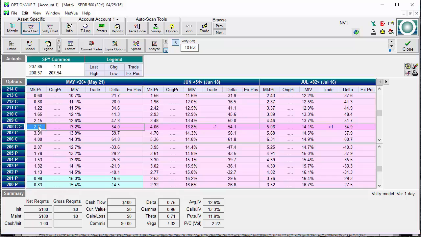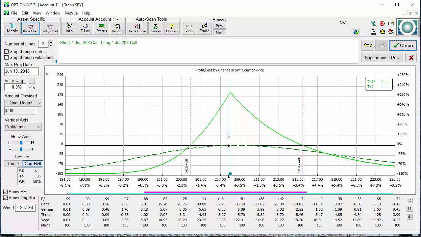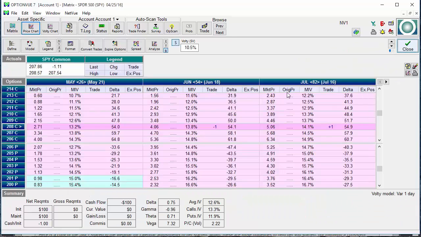So the difference between selling 271, buying 406 is greater than the difference between selling 406, buying 506. You still get a calendar profile, but now you are risking 100 to potentially make 175. Now, that doesn't change anything about how a calendar operates. A calendar still is a delta neutral, risk defined trade, right?